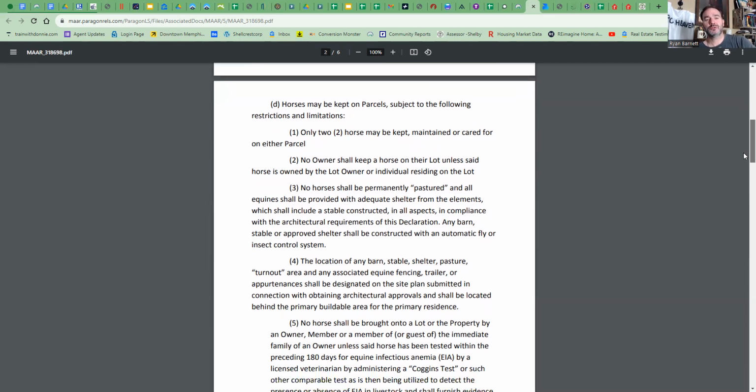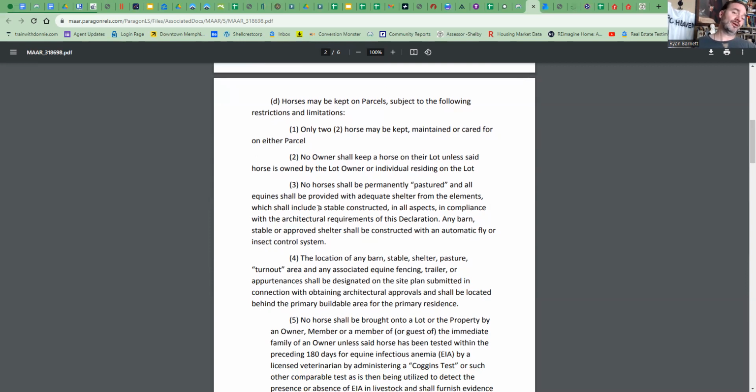No owner shall keep a horse on their lot unless the horse is owned by the lot owner or someone residing there. So I guess you can't open a horse, what the heck is it called? Goodness. Anyhow, I know they're horse stables. I have a second uncle who has some horses out in Oakland, Tennessee, actually. But I guess you couldn't.